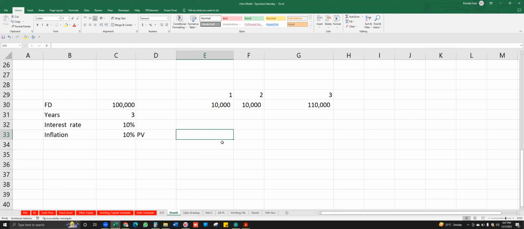How do you find it? The same way, 10,000 divided by 1 plus 10% to the power 1. Finding present value.